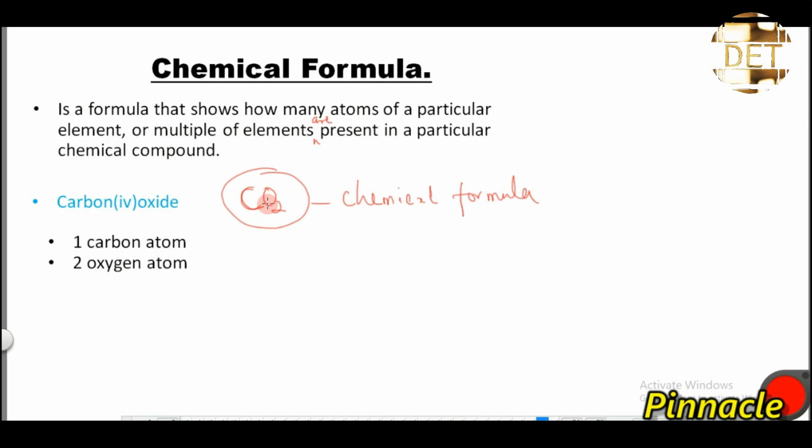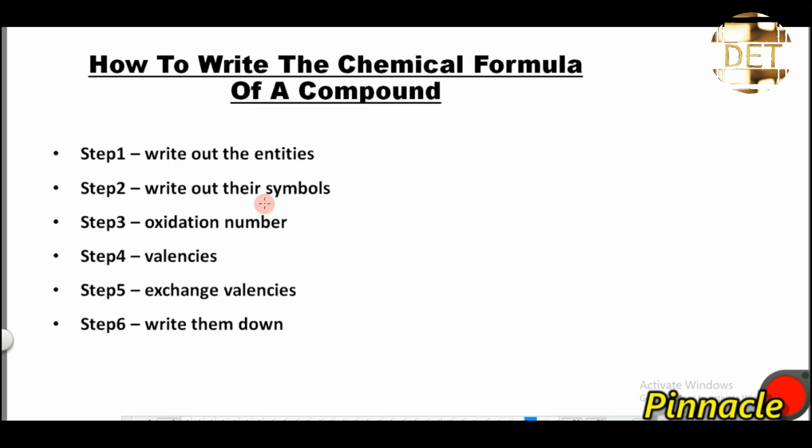So, having known the meaning of a chemical formula, let's look at how to write the chemical formula of a compound. To write the chemical formula of a compound, there are steps that we follow. The first step is to write out the entities.